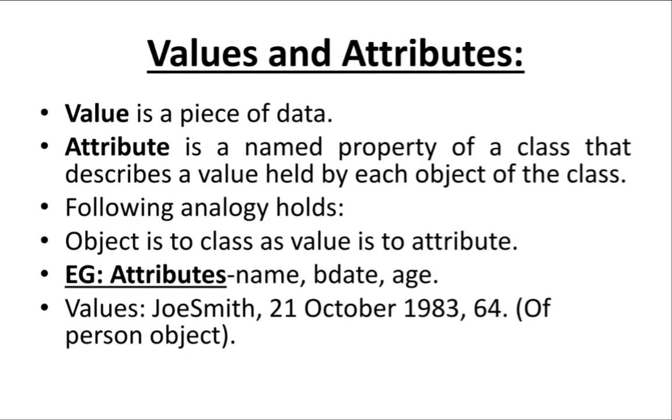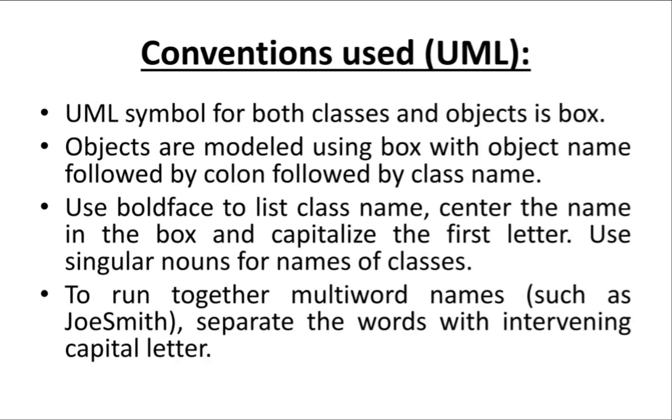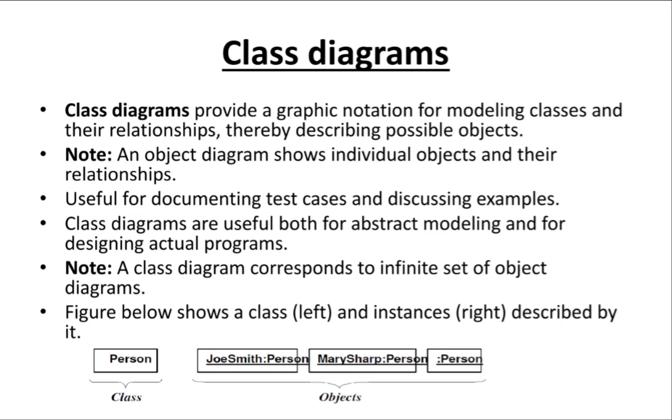And one more important thing: for each attribute we have a value. First I will tell what an attribute is, then you will understand what the value is. An attribute is a named property of a class that describes the value held by each object of the class. For example, consider this person class.